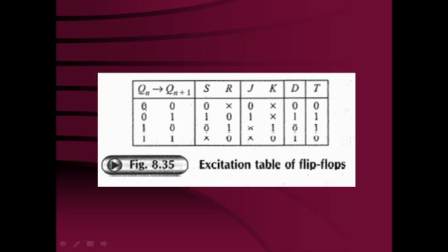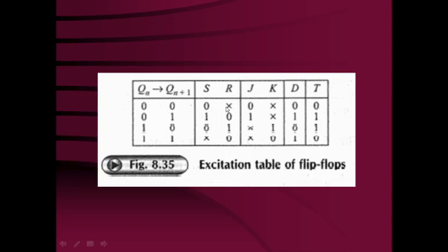The last state Qn can be 0. The next state remains the same, that is 0 only. So after giving one clock pulse, it does not change state. That means the no change condition: it was 0 and it remains 0. For that, if it is an SR flip-flop, what is the condition for S and R required?